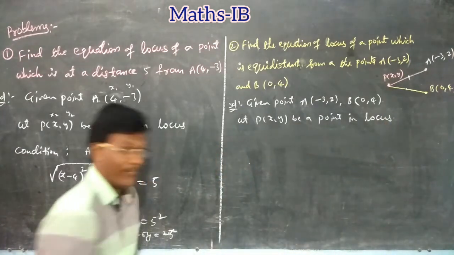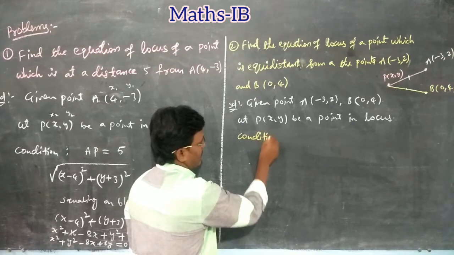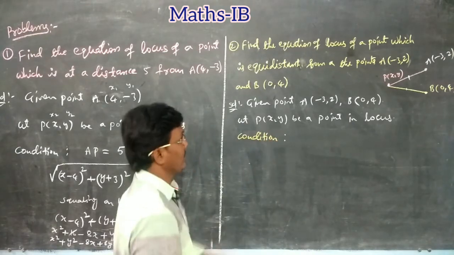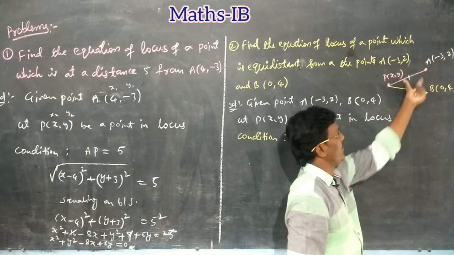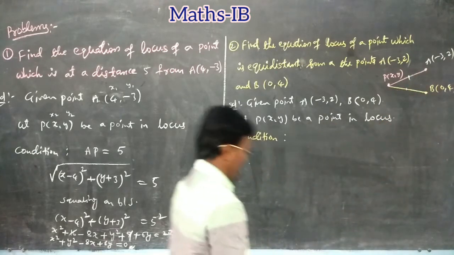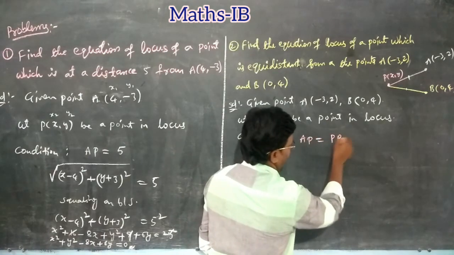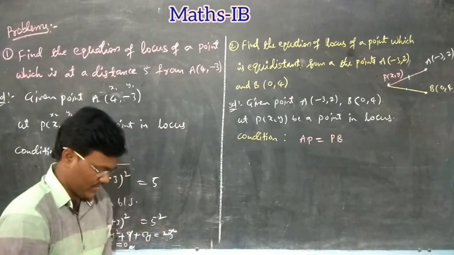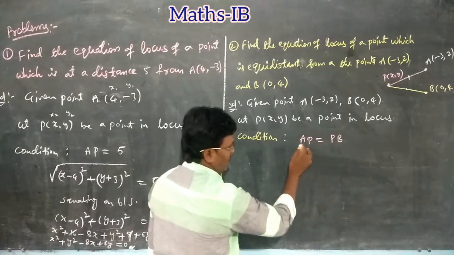Okay. So what is the condition here? So the condition, distance between these 2 points and these 2 points are equal. So means AP is equal to PB. Okay. Right. So apply the distance between these 2 points formula.